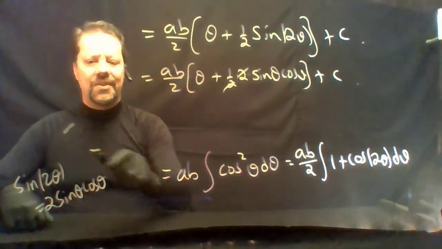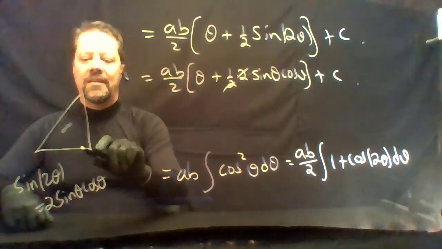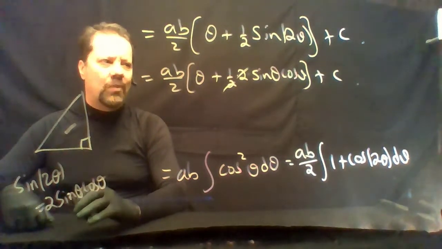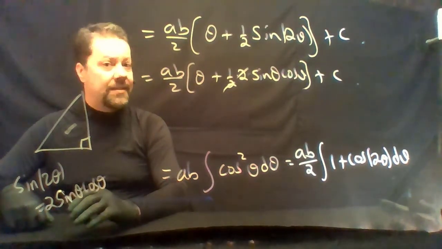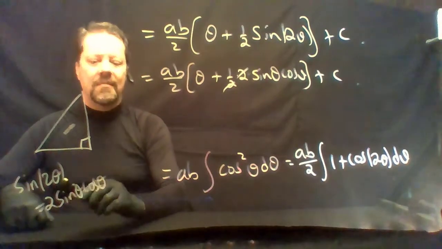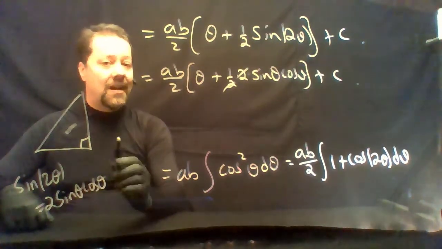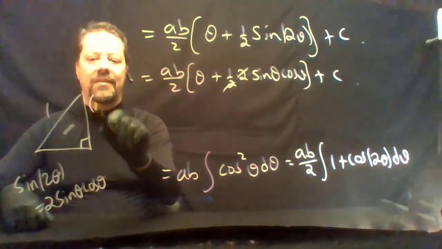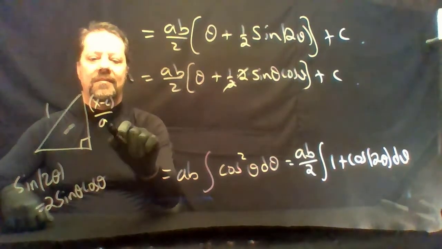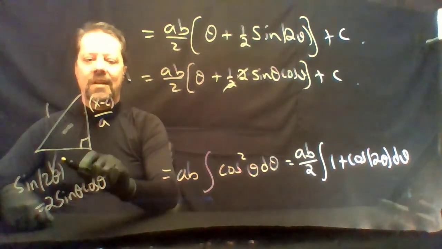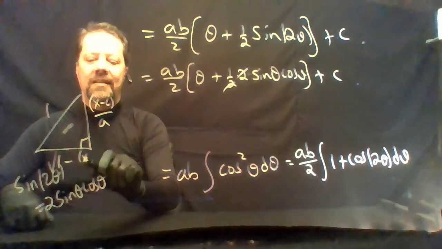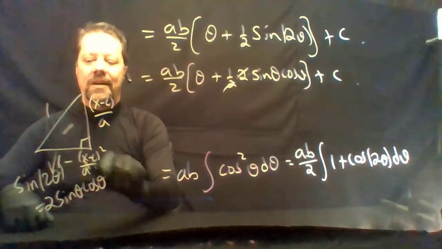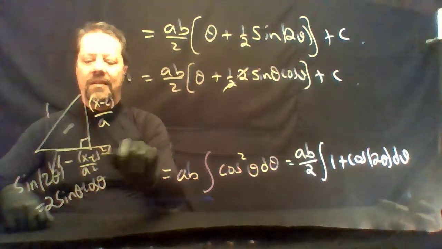Now we need to use a triangle. You might remember our definition was sine theta is x minus c over a. Sine is opposite over hypotenuse. The remaining side is going to be the square root of 1 minus x minus c squared over a squared under a radical.